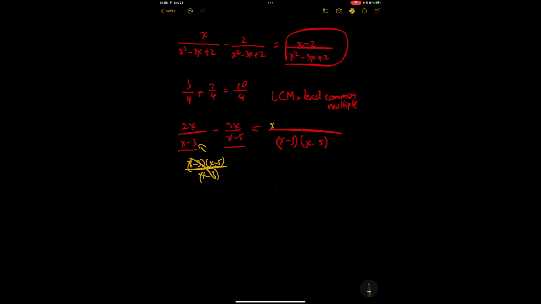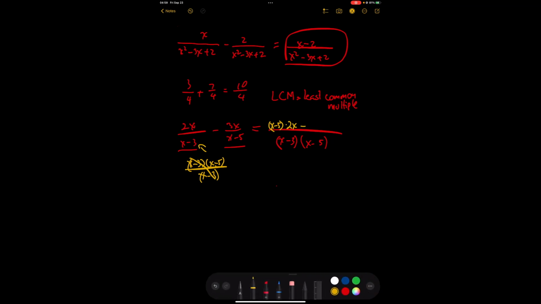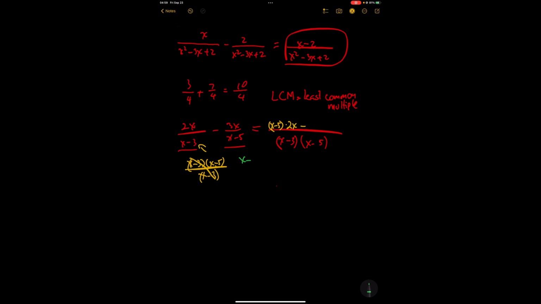So we're going to have x minus 5 times 2x. Then we do the same thing for the second one. If we have x minus 3 times x minus 5 over x minus 5, we get x minus 3. So we're going to get minus 3x times x minus 3.